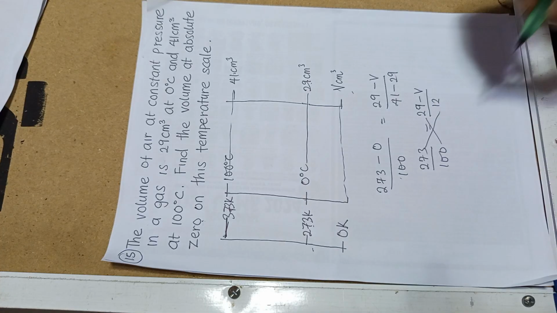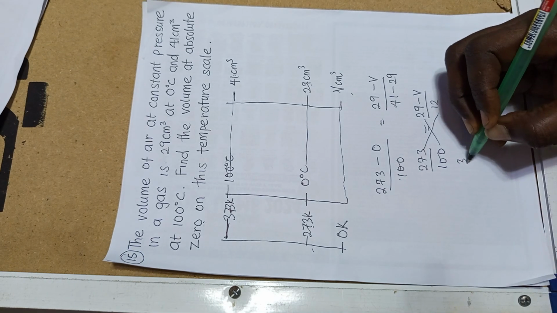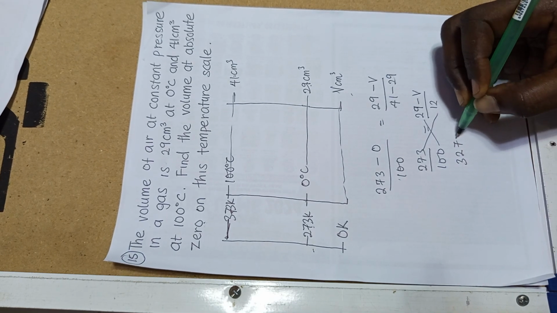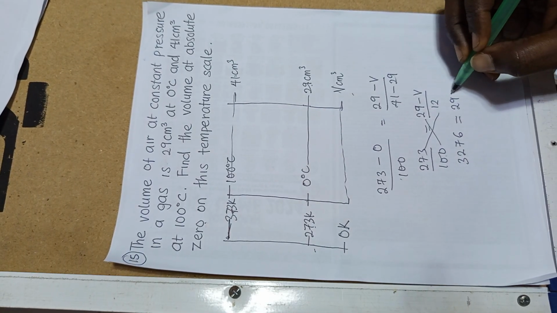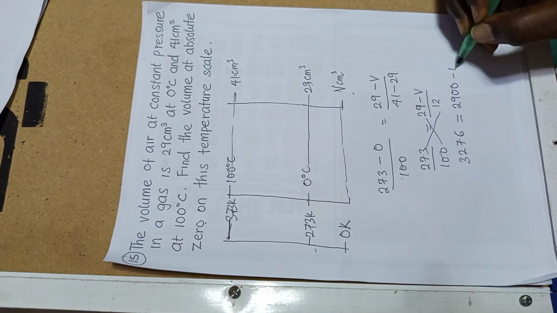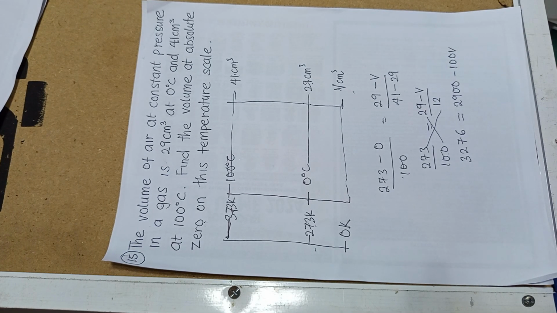Then cross multiply. 273 times 12 gives about 3276, and the other side gives 2900 minus 100V. We want to get the value of the volume at absolute zero temperature.